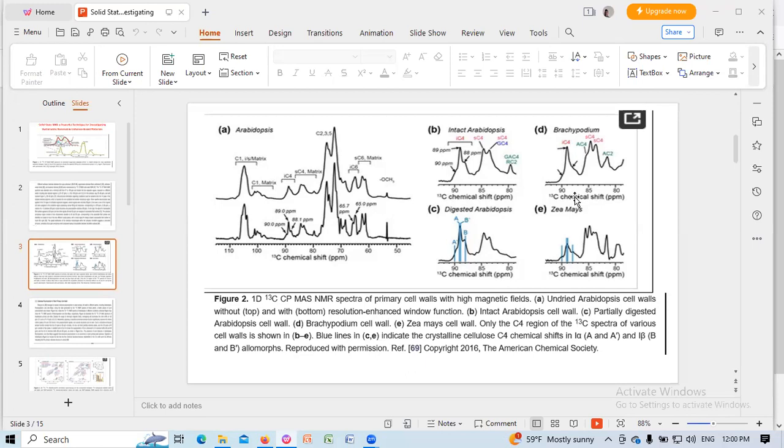The alpha allomorph C4 chemical shift is 90 and 89 ppm, and the beta C4 is 89 and 88 ppm.